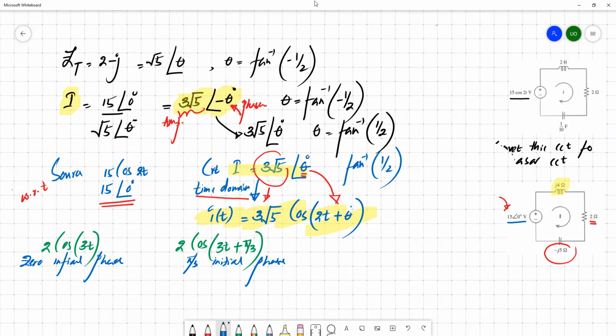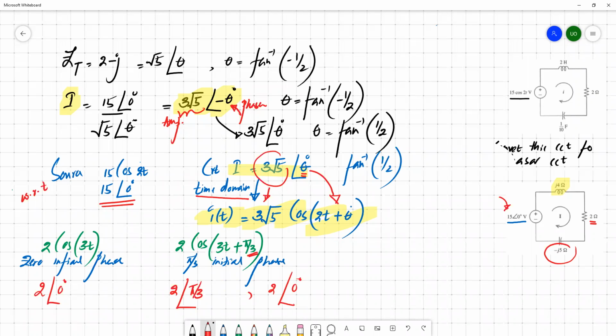If you convert this 2 cos 3t to a phasor, you can simply come up with this. Here you can have two options. One is this, and the other is this. In this case, you can have 2 with an angle of 5 by 3 by treating it as an initial phase.